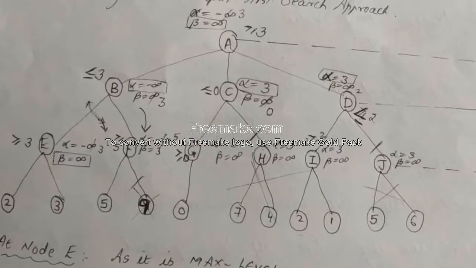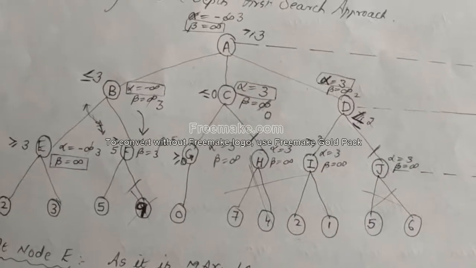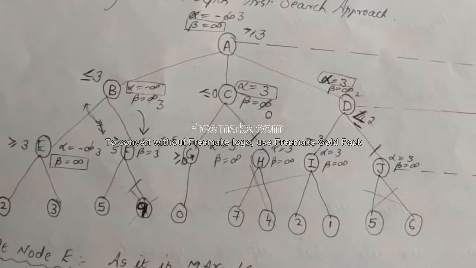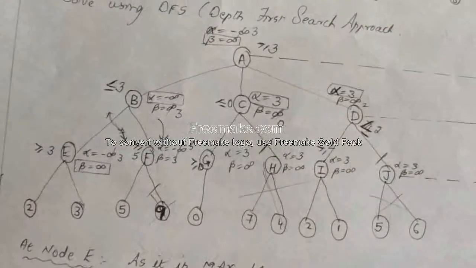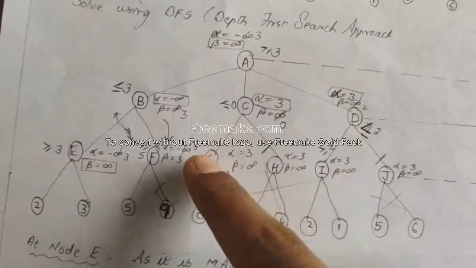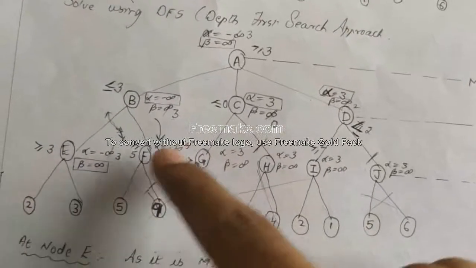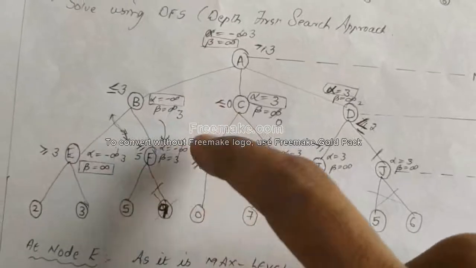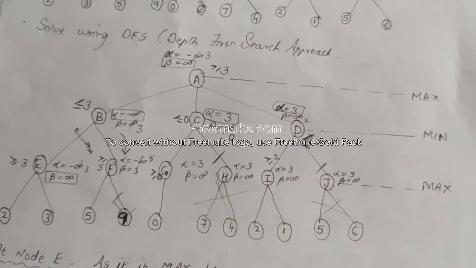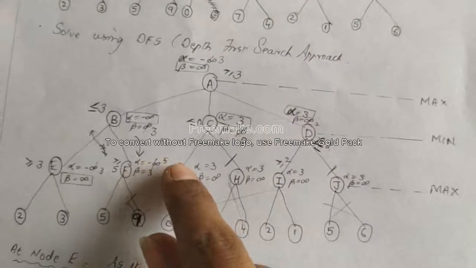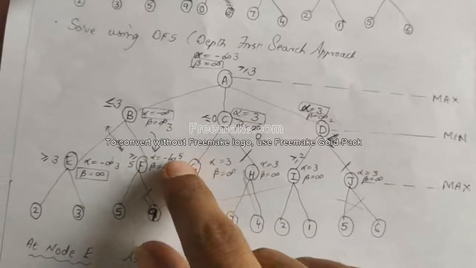In max case, whatever happens, beta remains constant, whereas alpha changes. So here 5 is compared with minus infinity. As we know that 5 is maximum, minus infinity is cancelled and renamed as 5. So alpha takes the value 5.